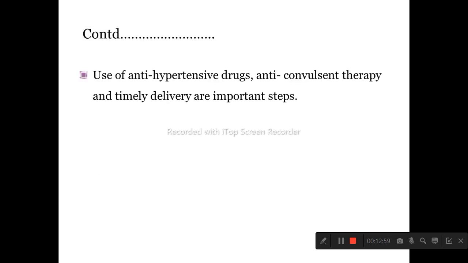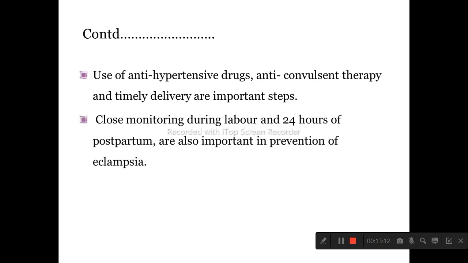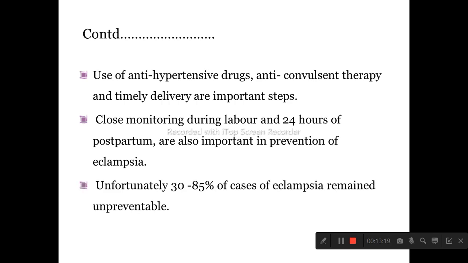Then next is use of antihypertensive drugs, anticonvulsant therapy and timely delivery, which are very important steps for prevention of complications and for the good health of mother and baby. Close monitoring during labor and 24 hours postpartum is also important in prevention of eclampsia. Unfortunately, 30 to 85% of cases of eclampsia remain unpreventable.